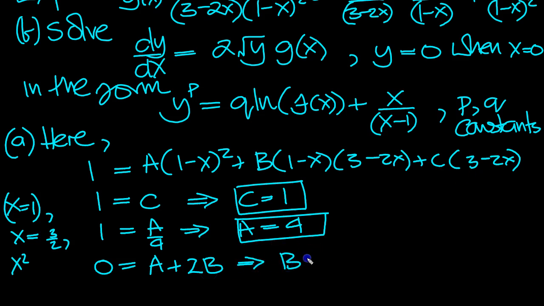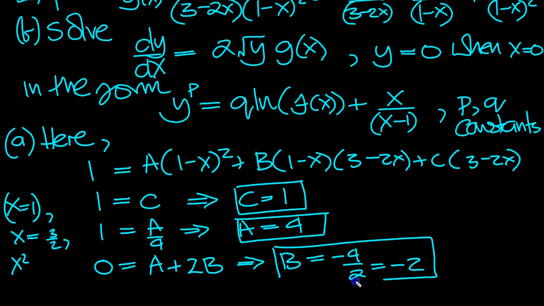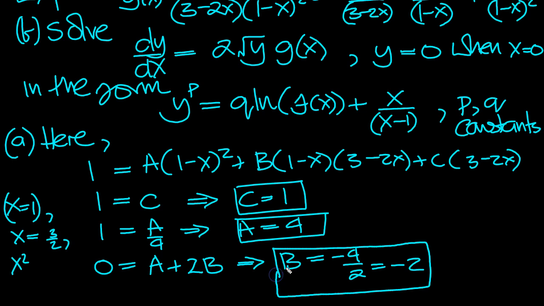So B will equal minus A over 2, so it's minus 4 over 2, which equals minus 2. So there's B equal to minus 2. Okay, good. I'll just put a proper box around it. There we go. B equals minus 2.